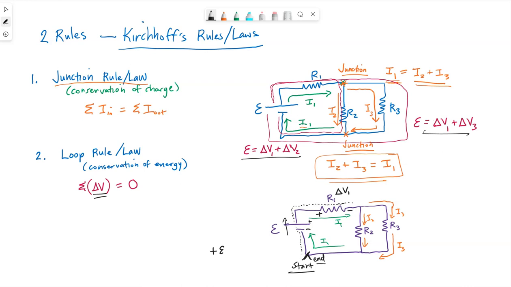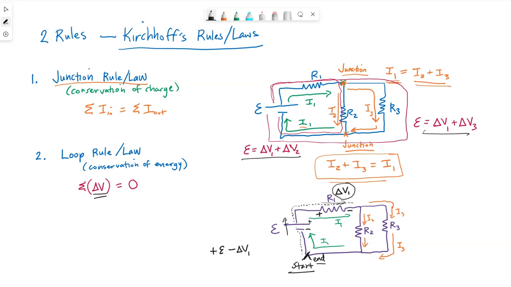So if my path is taking me left to right with the current, I'm going to see a decrease of a delta V1 as I pass by. So the potential difference I see is delta V1. I'm seeing a drop because I'm going with the current, high to low.